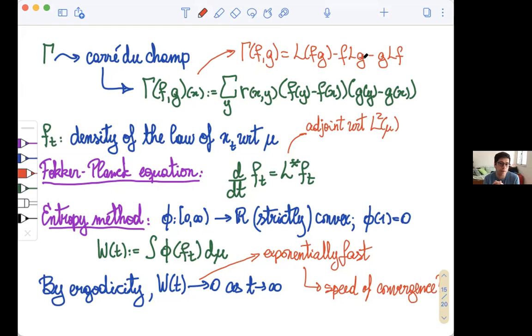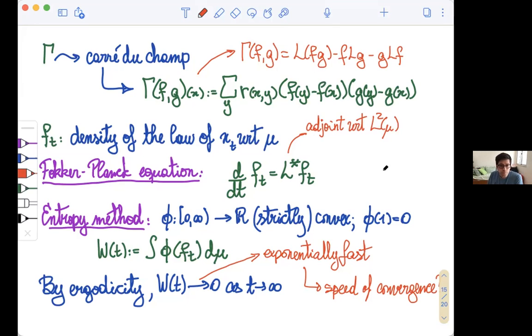It's not exactly the gradient of F times the gradient of G, because I'm not saying that L is just the Laplacian. If L is the Laplacian, you get exactly the gradient of F times the gradient of G. But if L is a general second order operator, you get the product of some first order operator applied on F and some first order operator applied on G.